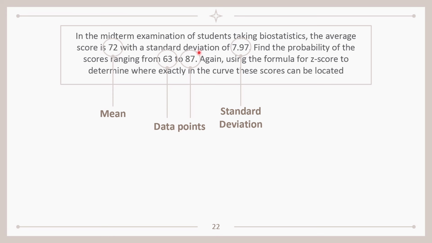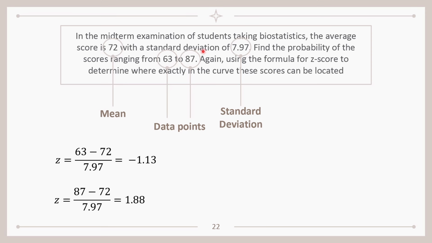And since our formula does not allow for the input of two data points at one time, we're going to have to apply it twice. So you have z, this is your first data point, 63. This is your second data point, 87. And then you simply input minus the mean of 72 divided by 7.97, you get negative 1.13.